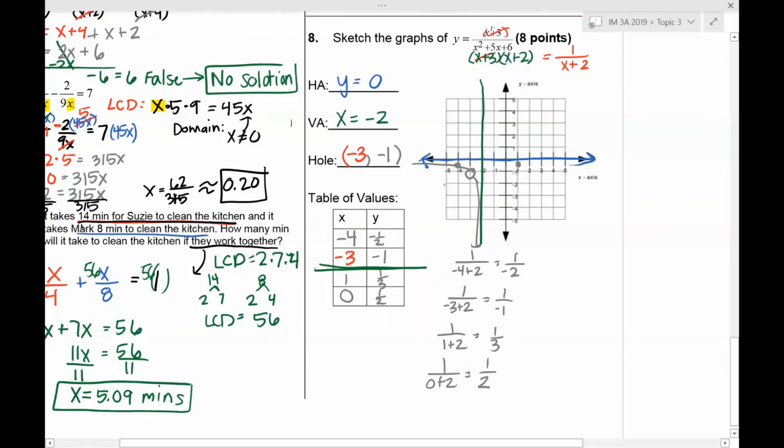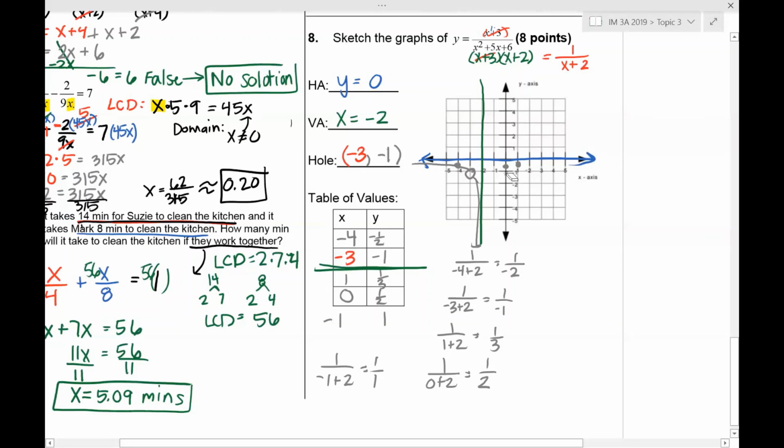Since I skipped it, and I'm sure some of you had already done this and plugged in those values, let's plug in -1 because that's what I should have written for that value. If I plug in -1, 1 over -1 plus 2 is 1 over 1, so that's going to give you a positive 1 for that value.